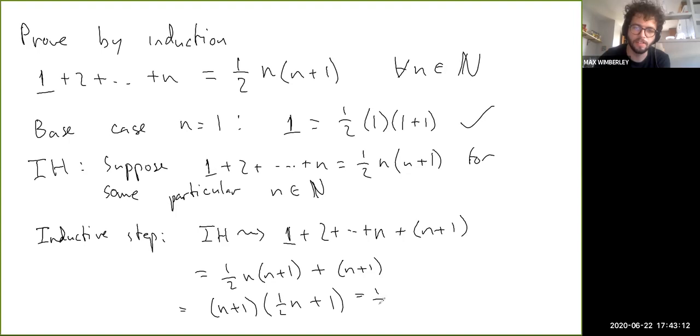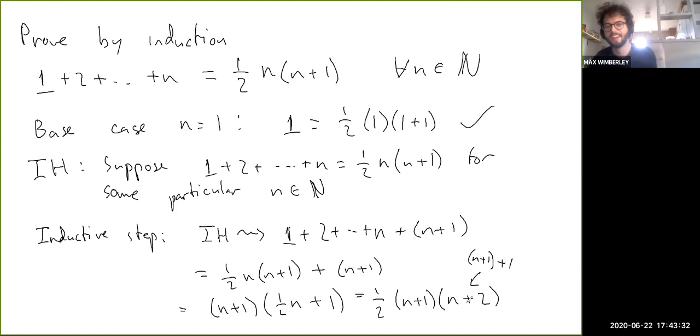Dang it, I thought I had to do that before, and then I didn't believe myself for some reason. So we have n plus 1, and then we have n plus 2, otherwise known as n plus 1 plus 1.